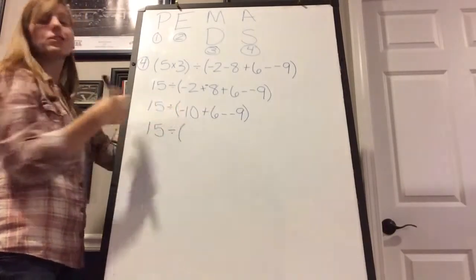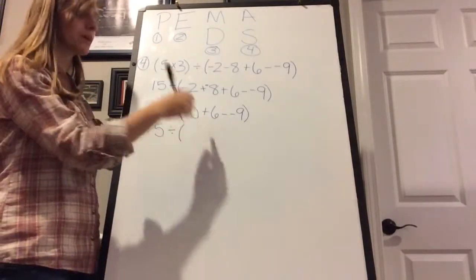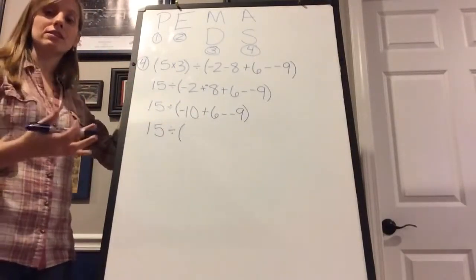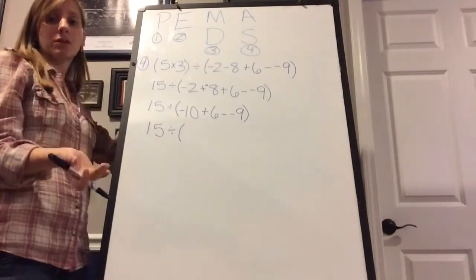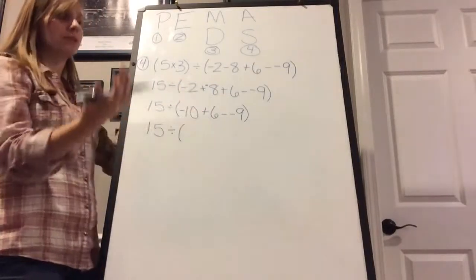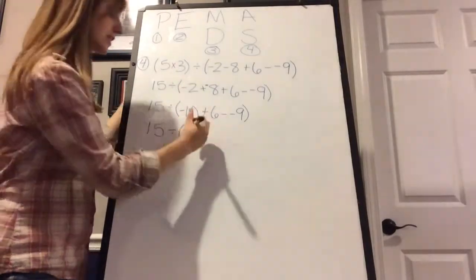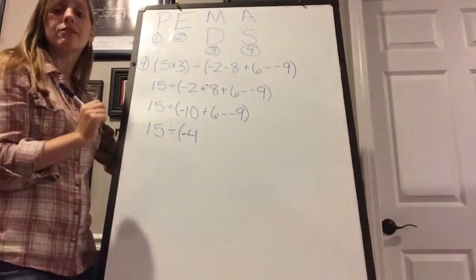The signs are different, so we actually subtract. Remember, don't just pay attention to the sign in between. Make sure you know if they are either both positive, both negative, or one's positive and one's negative. In this case, we have one negative, one positive, so we subtract. 10 minus 6 is 4. Keep the sign of the bigger number, so it's a negative 4.